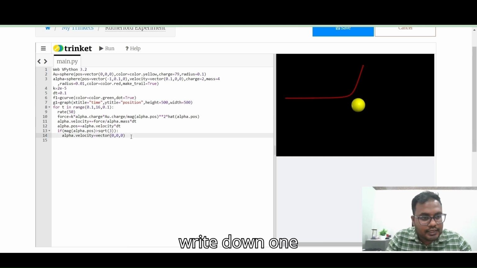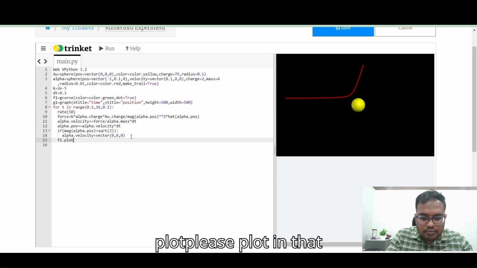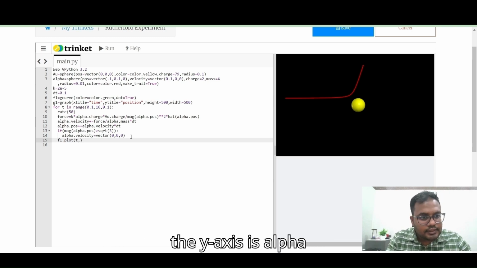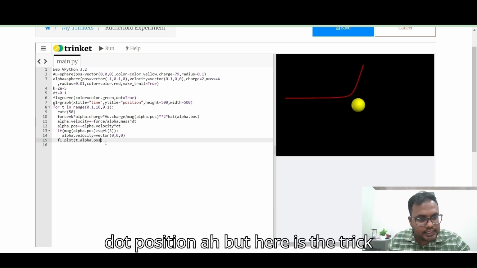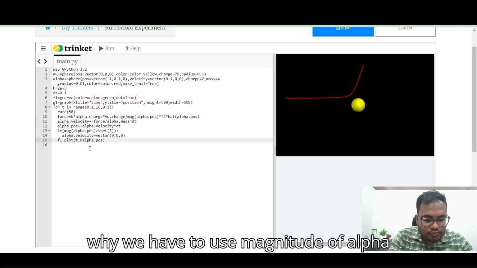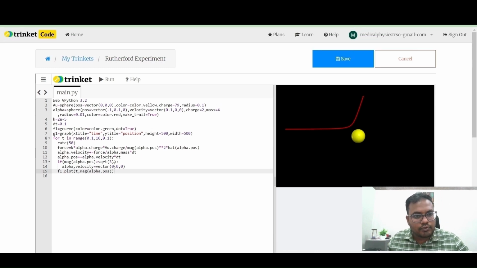Now I just write down one command that f1 please plot in that graph along the x-axis is t and along the y-axis is alpha.pos. But here is the trick. Here t is the scalar quantity and alpha.pos is the vector quantity. So that's why we have to use magnitude of alpha.pos. That means it converts this vector quantity to scalar quantity, or we just need the magnitude.